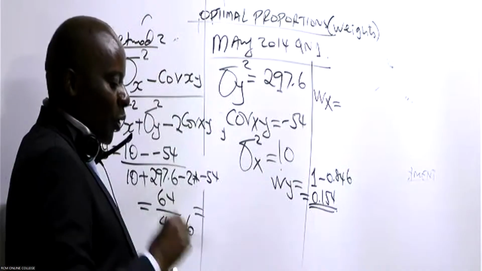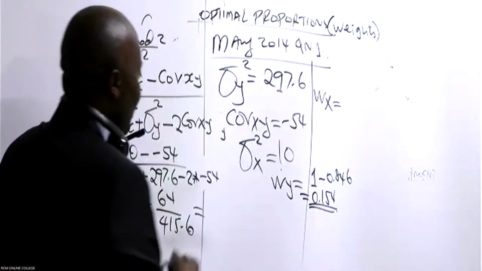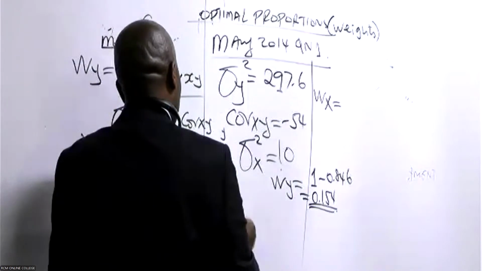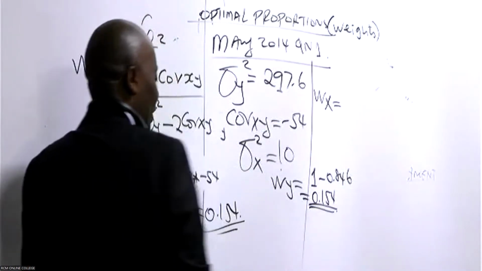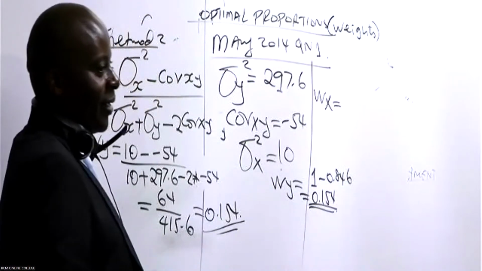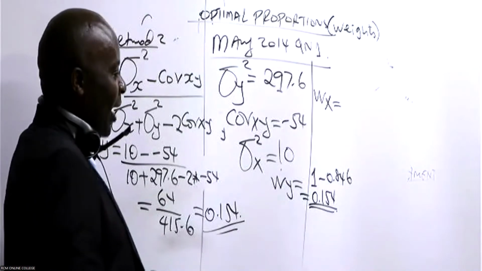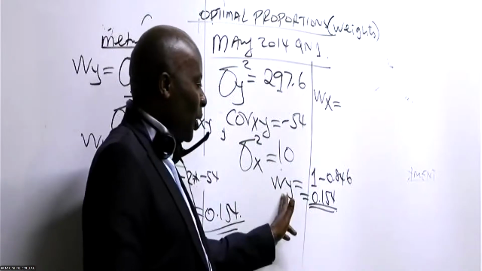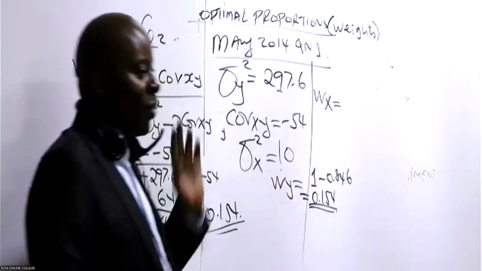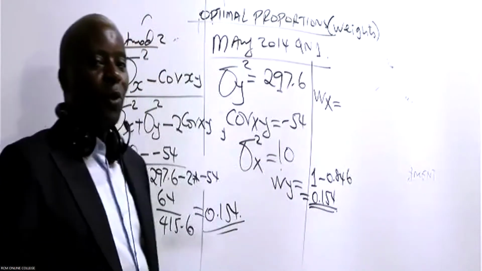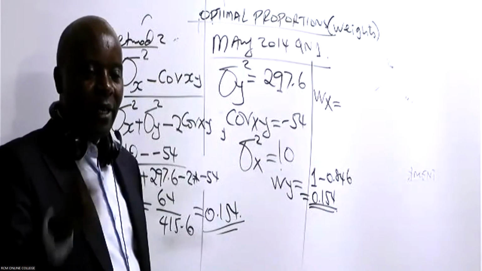Is it the same as 0.154? It is the same as 0.154. Are you able to see some similarity? Because we are done here using the other method, we got WY as 0.154. So those 2 formulas, you shall never forget them.